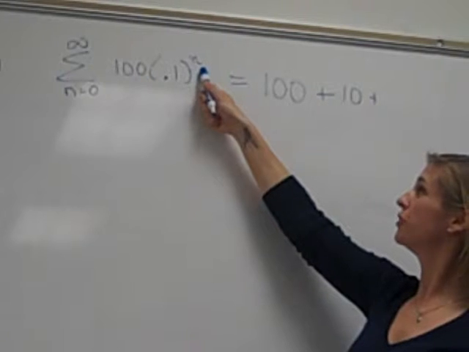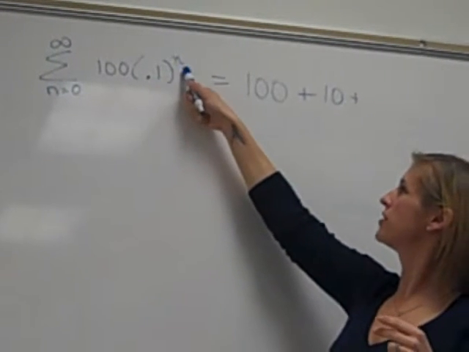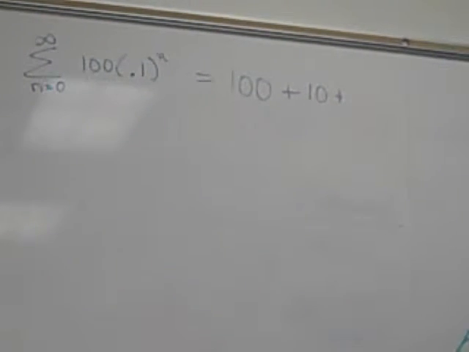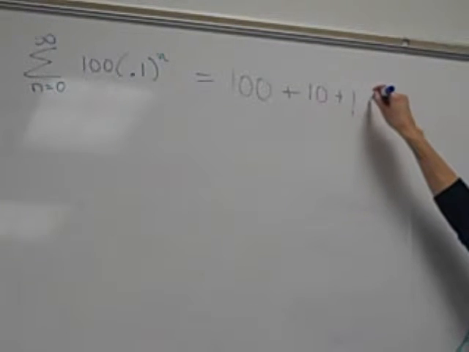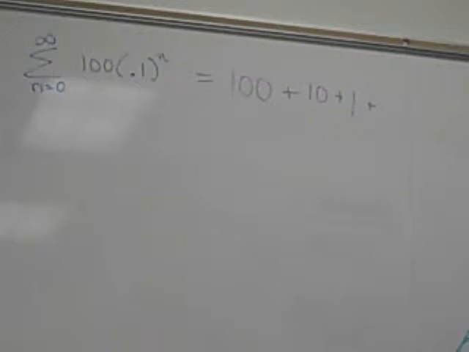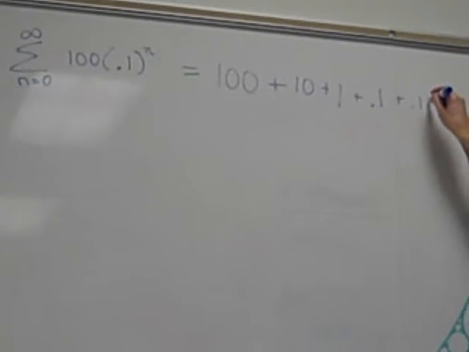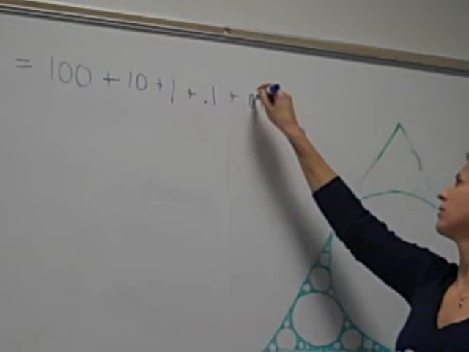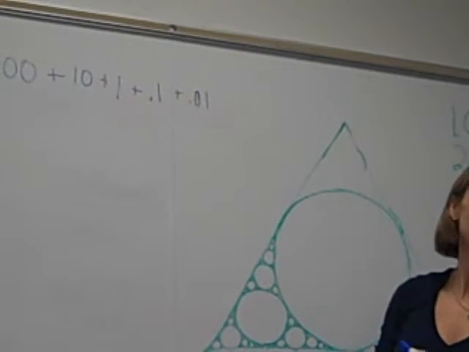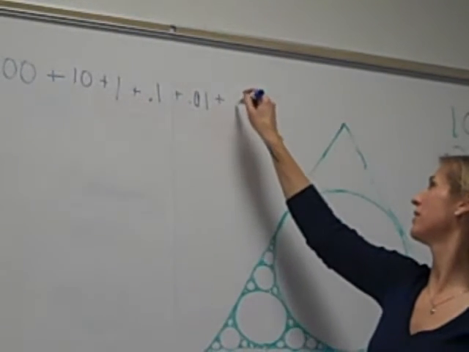If n is 2, I have 0.1 squared times 100. Not so easy to do, but you are going to get 1. And if we keep going, now I'm going to get 0.1, then 0.01. Obviously, we get the pattern now.